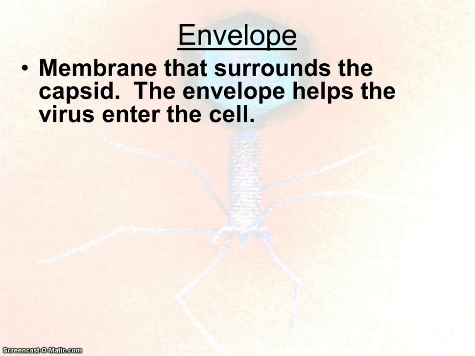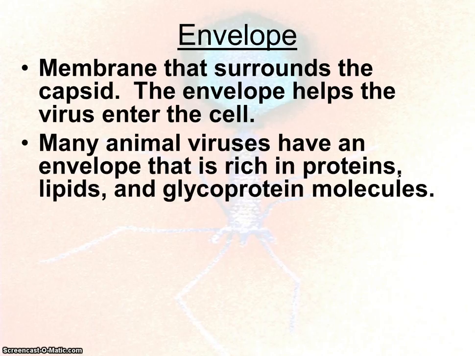Now talking about this envelope, it's kind of like a membrane. Once again, it's not a membrane like we would think in a cell. It's not semi-permeable. It's not made of phospholipids. It doesn't function like a membrane does, but we call it a membrane because that's the closest thing we can think of to what it would be like.